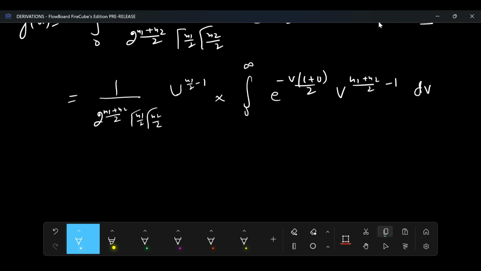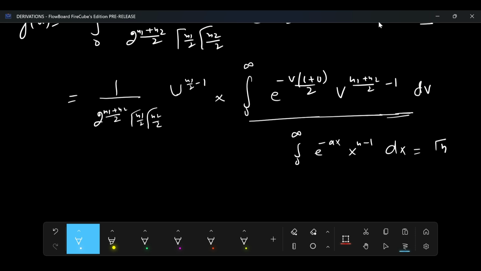So we need to integrate this function. As you know, the integral from 0 to infinity of e raised to the power minus ax, x to the power n minus 1, dx, what is this? This is equal to gamma n divided by a raised to the power n.